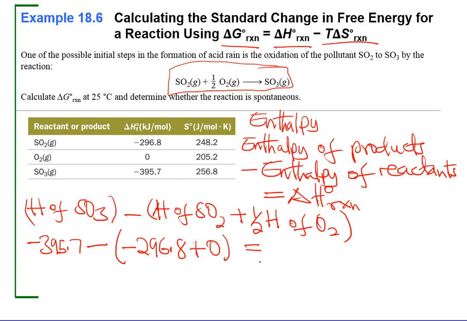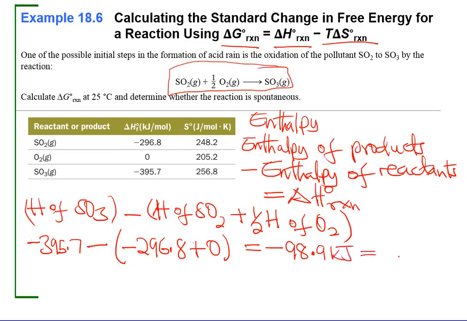So minus 395.7 minus 296.8. So the answer for this one is minus 98.9 kilojoules.